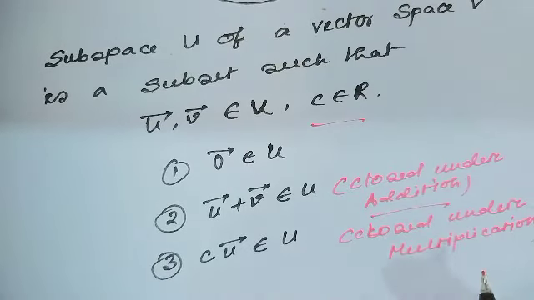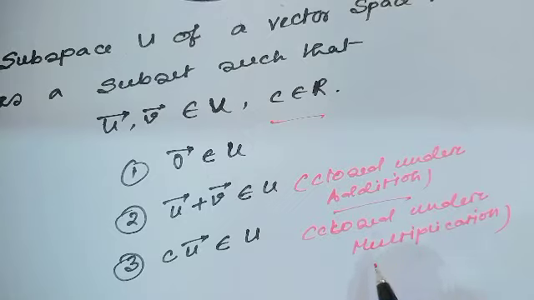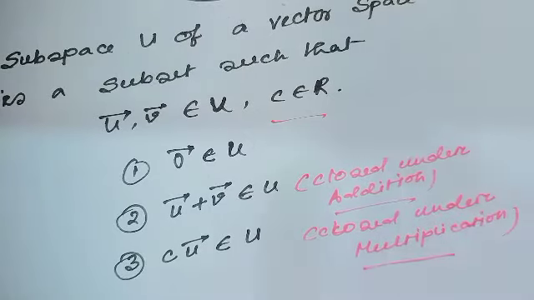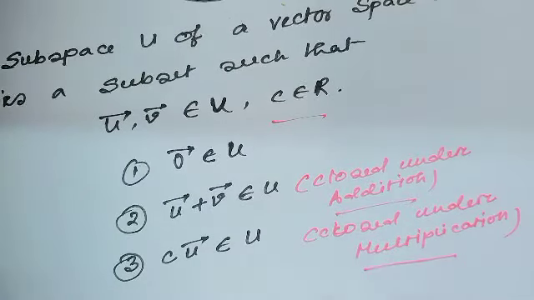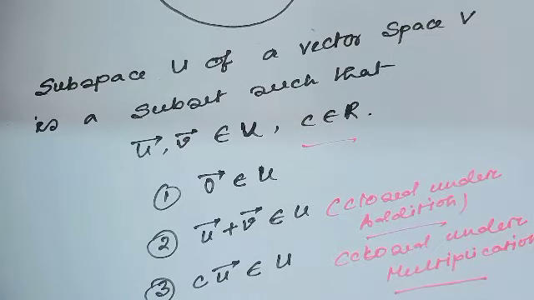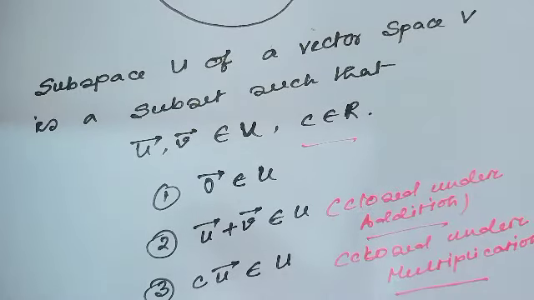That means this subset is closed under multiplication, and this is the definition of a subspace. That means 0 is always contained in this subset, and it is closed under addition and closed under multiplication.